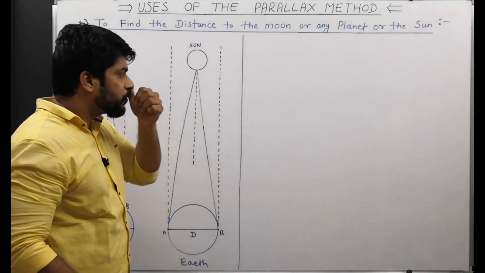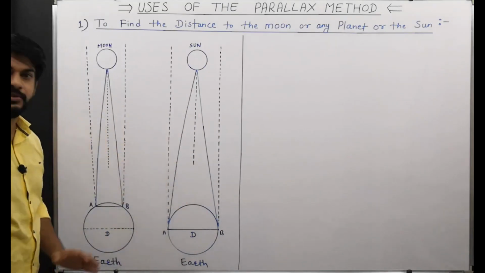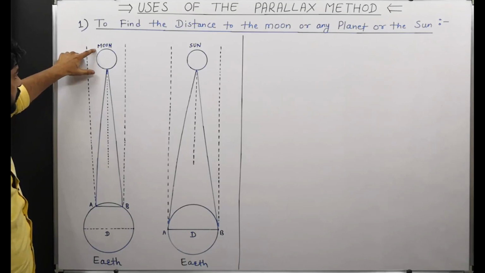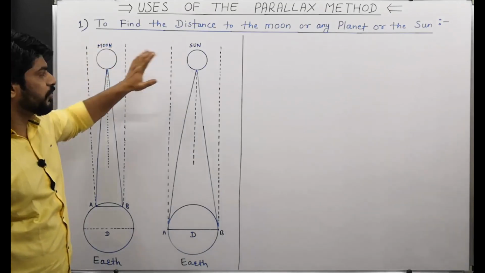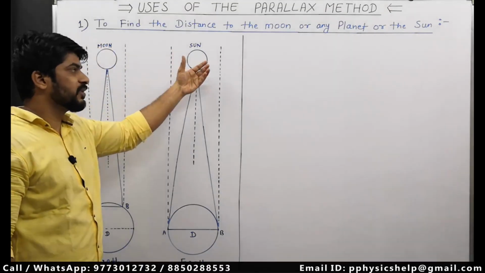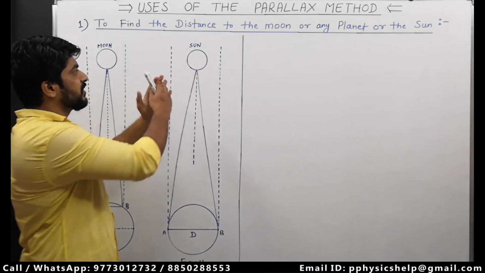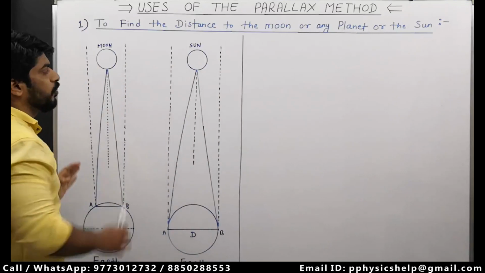Over here you can see some diagrams that I have already drawn. Here you can see the moon, here you can see the sun. Don't go by the scales, this is just a representation. Definitely the sun is very big and the moon is very small.